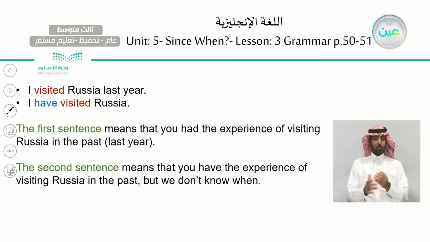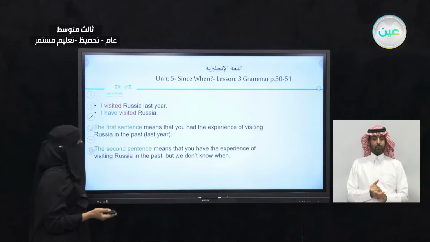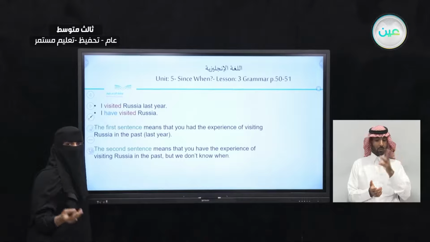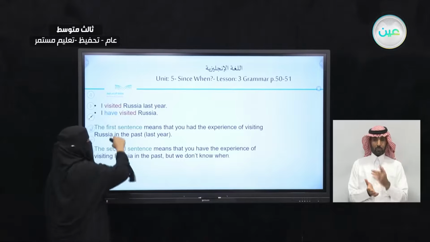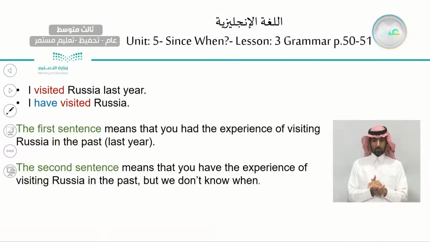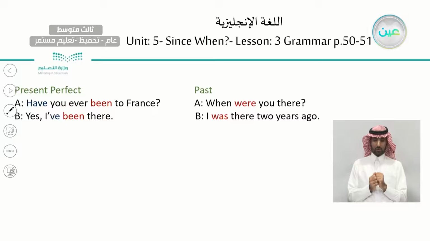We don't know when. It's in the past, maybe last year, 2 years, 4 years ago, you don't know. That's why we used the present perfect. These examples, you can find in your book.